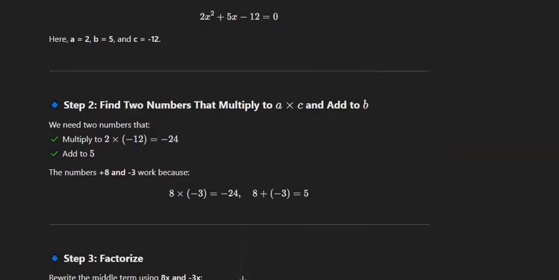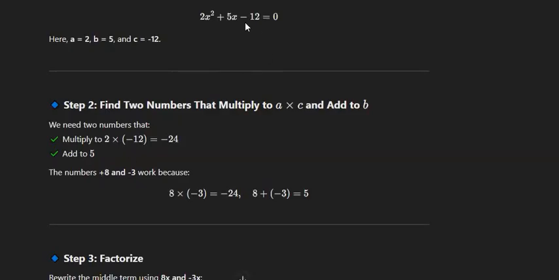It means you will take one negative factor, and the other is positive. Now we are considering the numbers plus 8 and minus 3. Now remember that plus 8 is the bigger number. So we will take plus because in our center there is a plus, and if there is a negative in our center, we will take the bigger number negative.